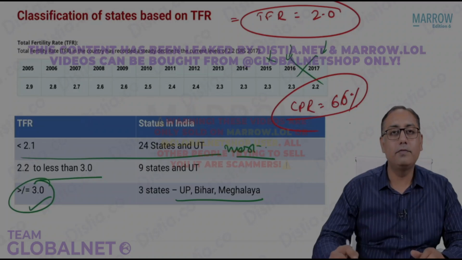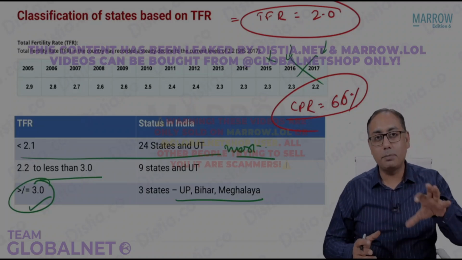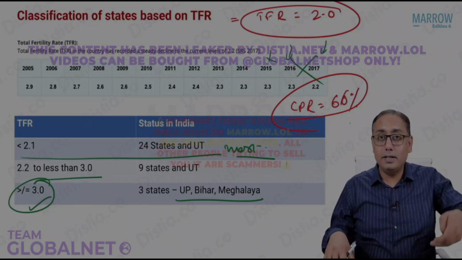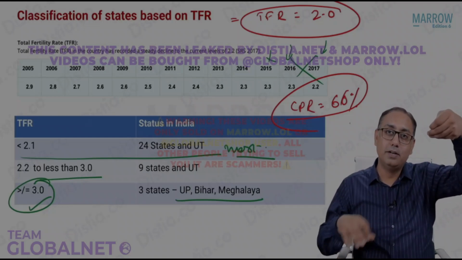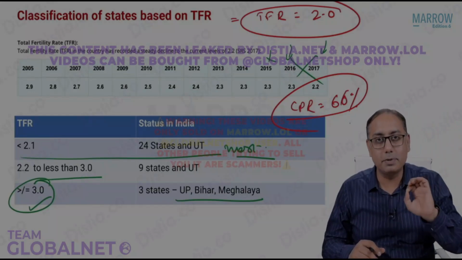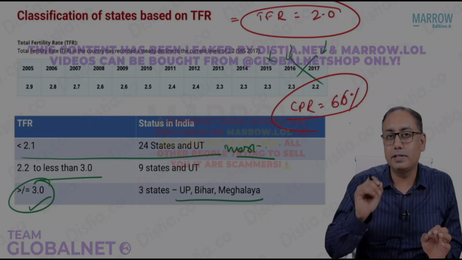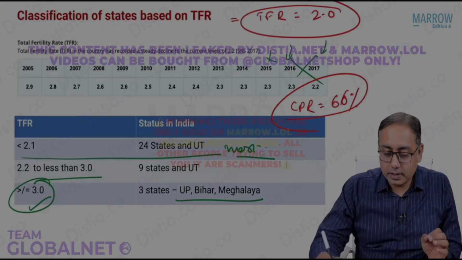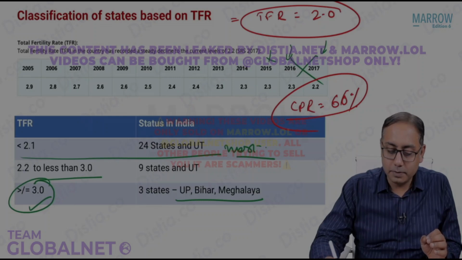So that's again very welcoming news because couple protection rate should be 60% to have TFR of 2.1. Currently, the couple protection rate has increased up to 66, 67%, and the total fertility rate is 2.0, which is lesser than 2.1. So that's a very warm and welcome news.